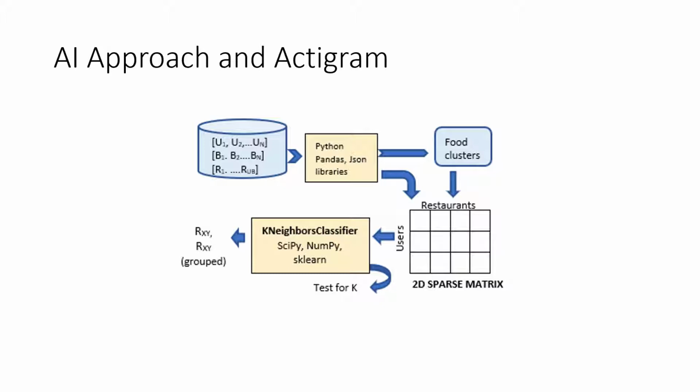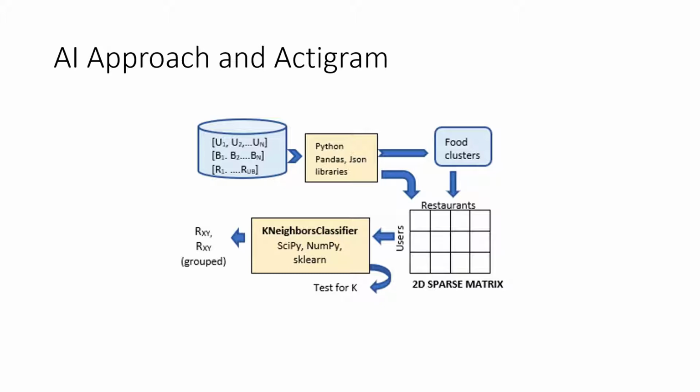Then two separate sets of data sets are converted into a two-dimensional sparse matrix of users in restaurants, one where data is clustered manually into food groups such as American or Italian and so on.